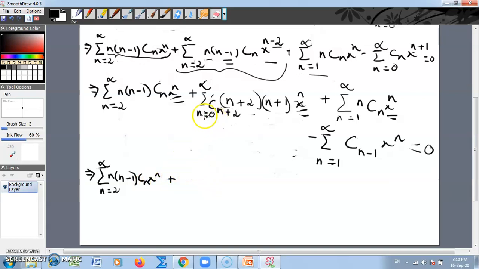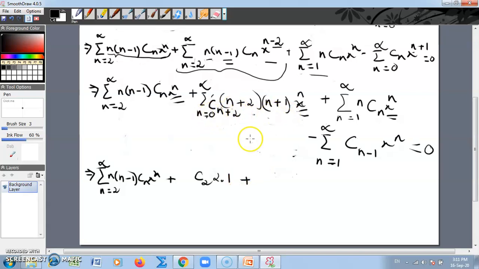Let us look at this one. When I put n is equal to 0 here, this becomes C2 into 2 into 0 into 1 into x to the power 0, which is just 0. I am opening this summation term by term.